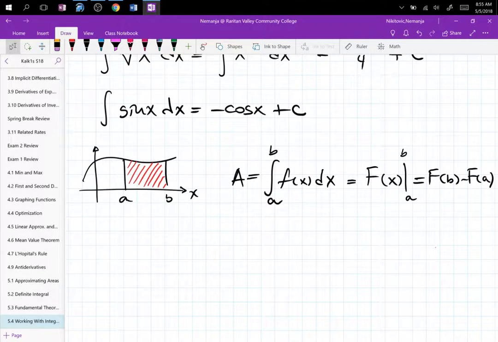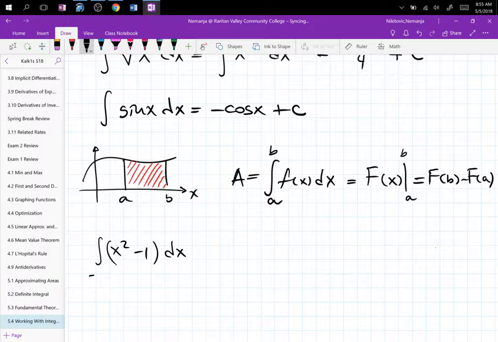So if we had to calculate the integral of, let's say, x squared minus 1 dx from, let's say, 2 to 5, you would have x cubed over 3 minus x computed from 2 to 5.